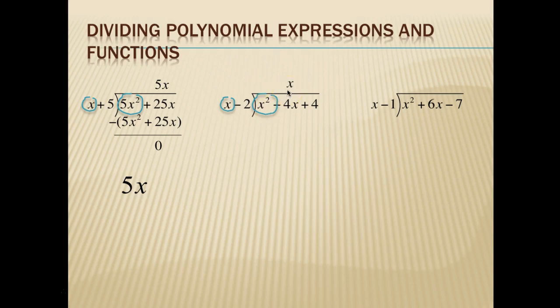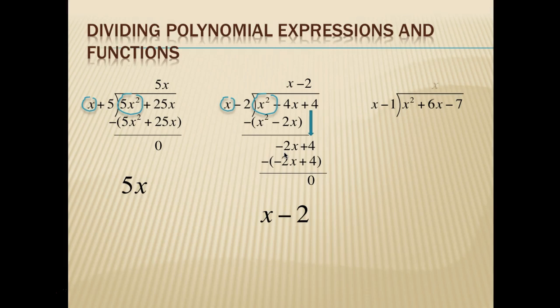And then let's multiply, subtract, bring down, and ask again, how many times will x go into negative 2x? Negative 2. Multiply, subtract, nothing to bring down, 0 is my remainder, x minus 2.